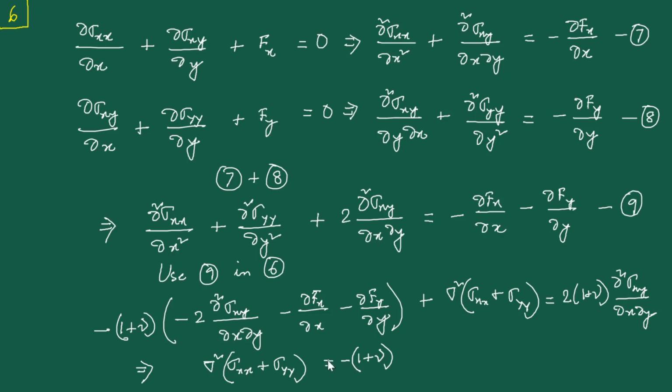This is going to be minus, because this minus and this minus was already a plus on the left hand side. So on the right hand side this becomes a minus, and then I have the del fx del x plus del fy del y. Okay, so let's call this equation number 10.